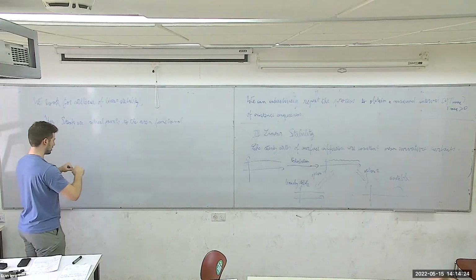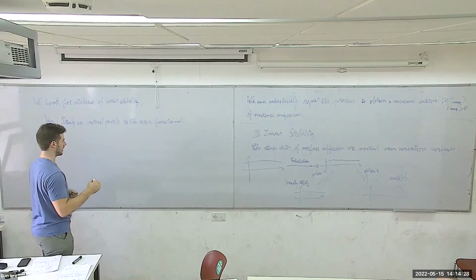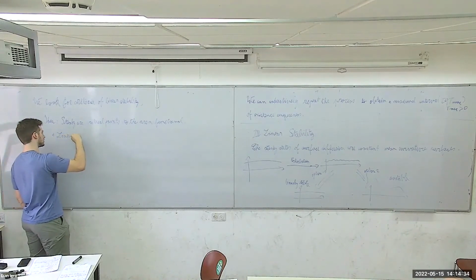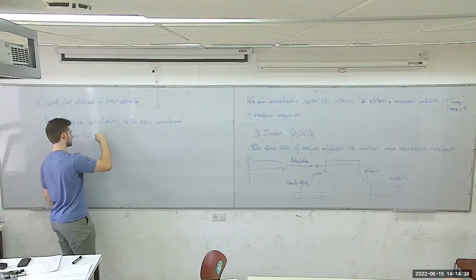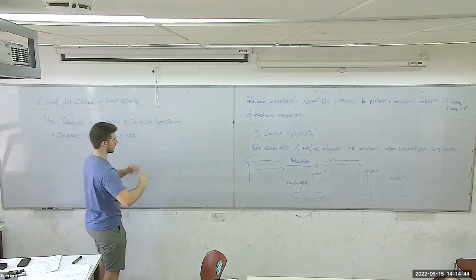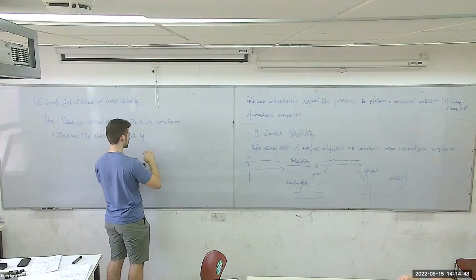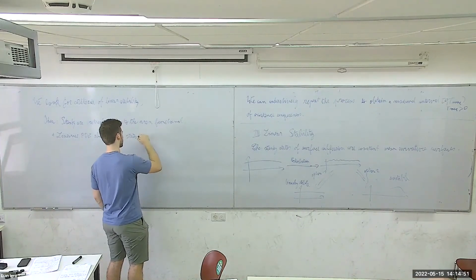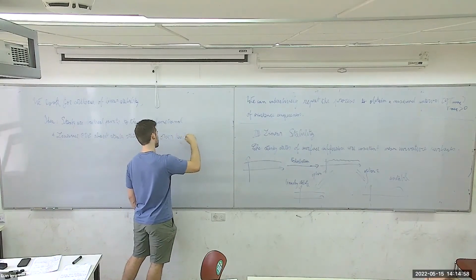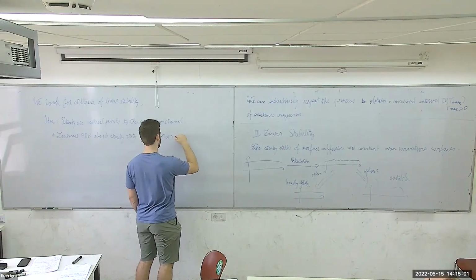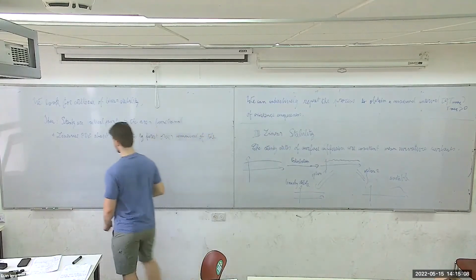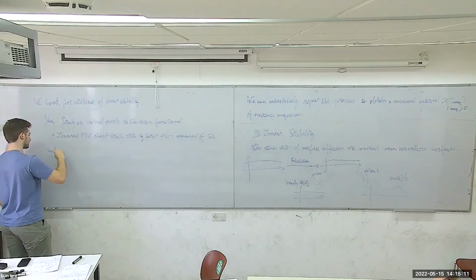So what you do is you linearize the PDE about steady states, by taking the Taylor expansion of both sides of the equation and taking the first order.